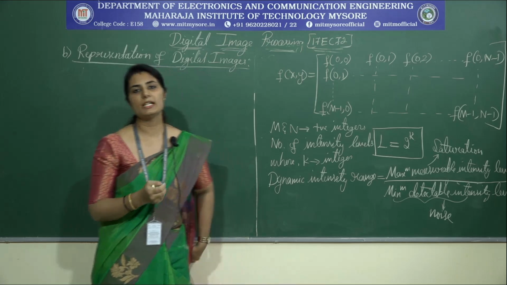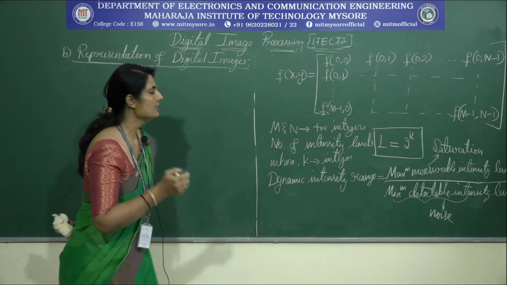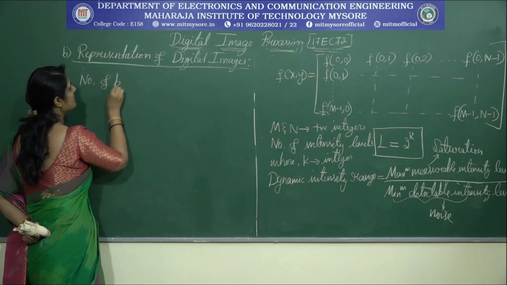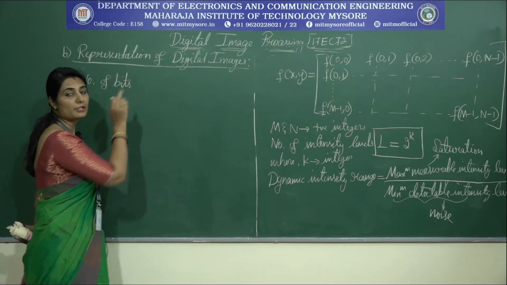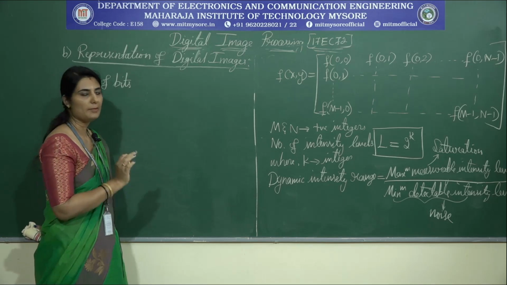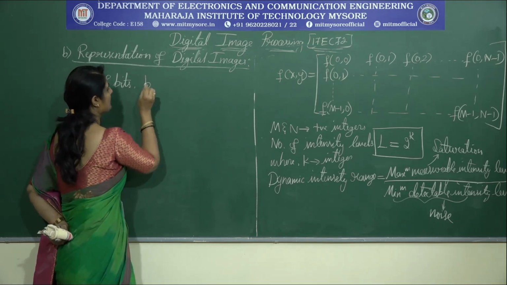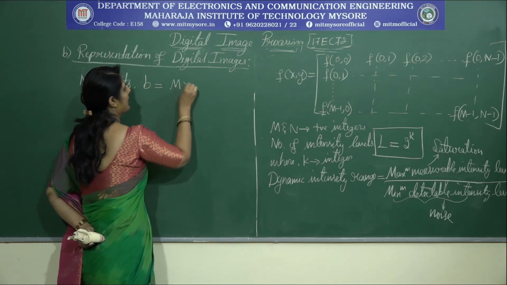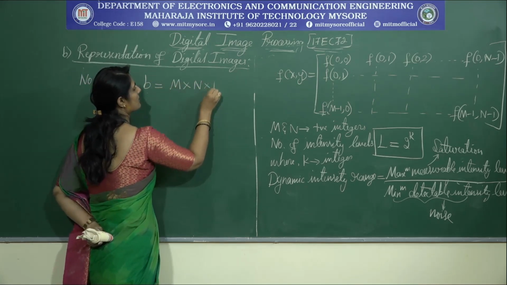Also, for the digital image f of x comma y, the number of bits can be calculated. The number of bits required to store this particular image is represented by b, and it can be calculated using the formula m cross n cross k.